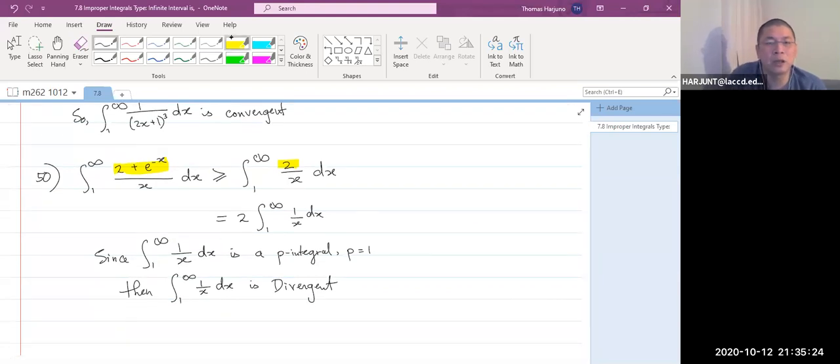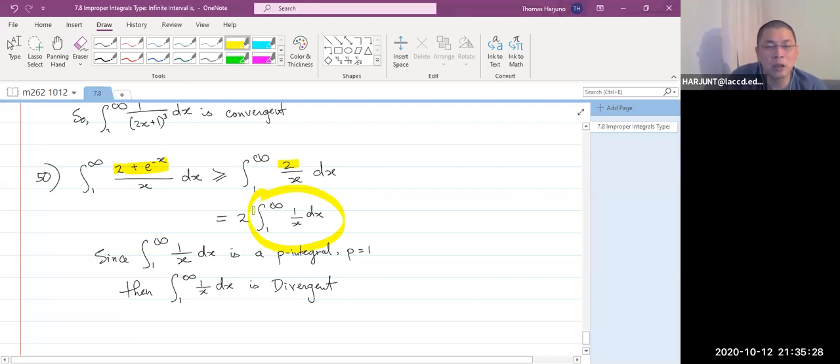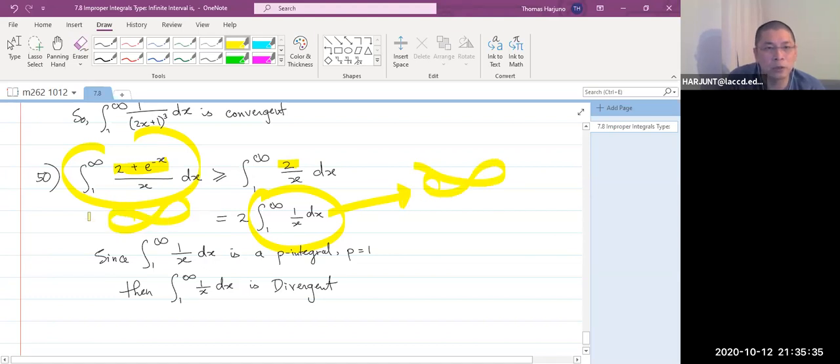So this guy here is divergent, but this guy is smaller than this. If this is divergent to infinity, then this must be divergent to an even larger infinity.